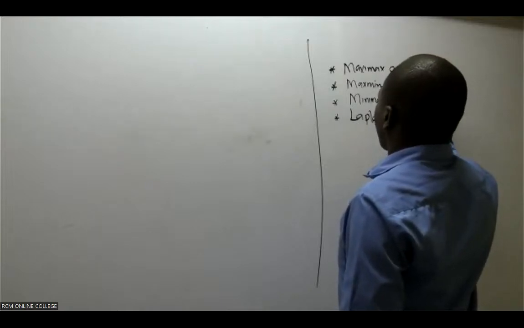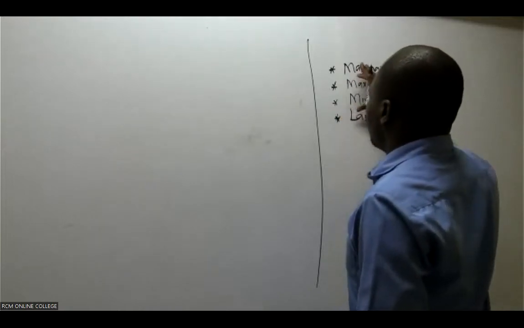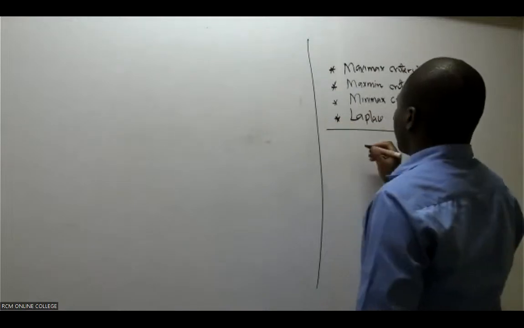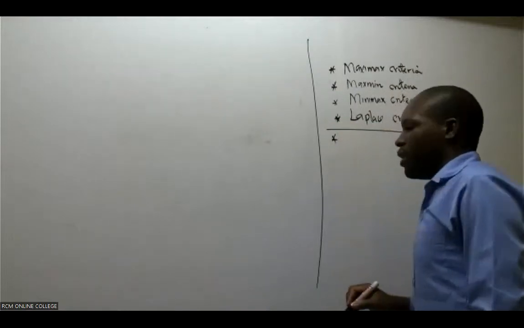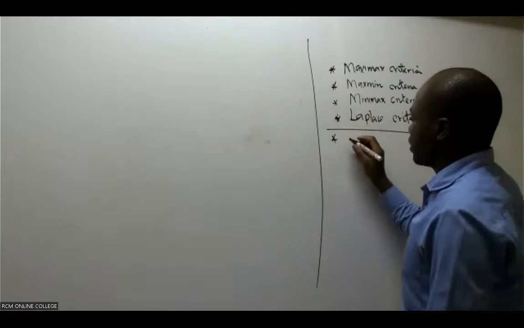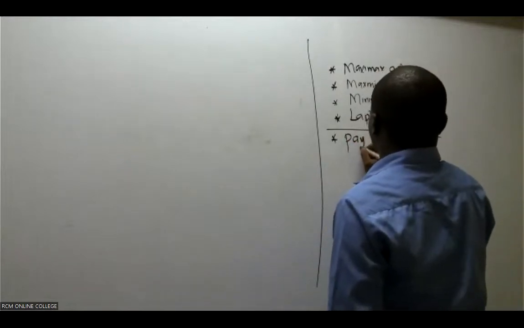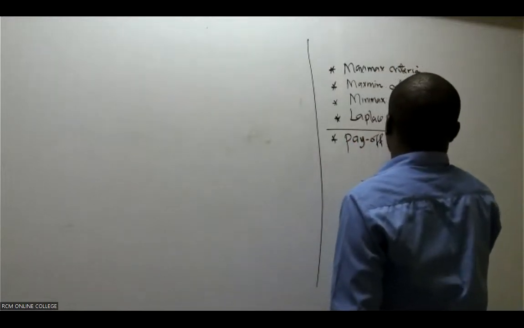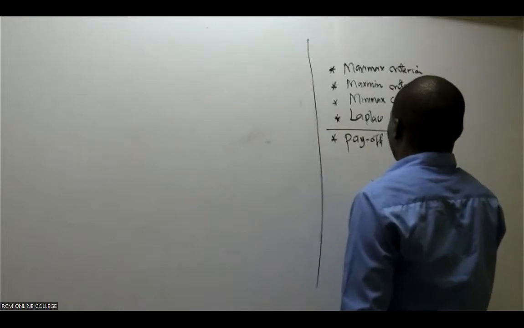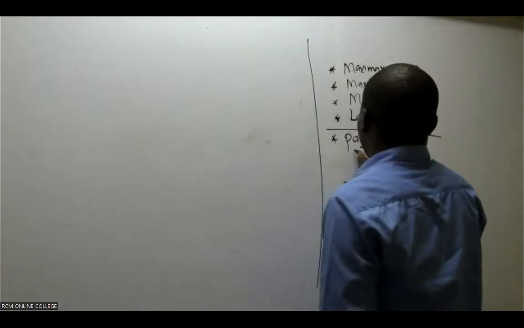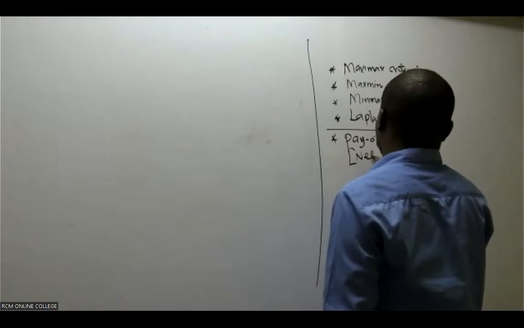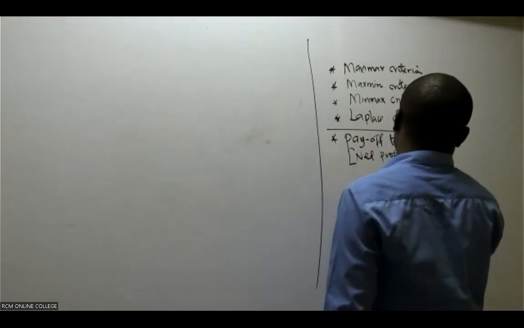So before you actually look at all this, the steps here is for you to be able to come up with the payoff tables. These payoff tables basically contain, just ensure that you have what we call net profit.